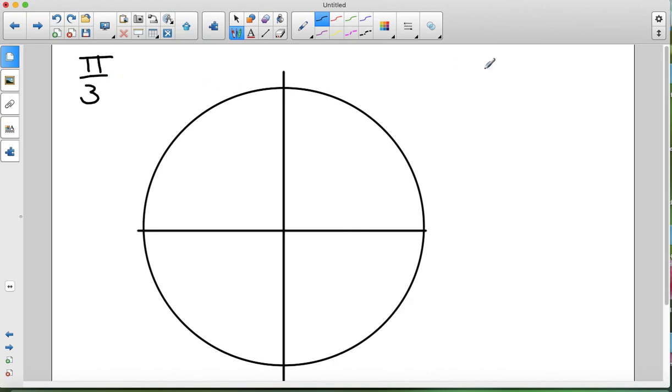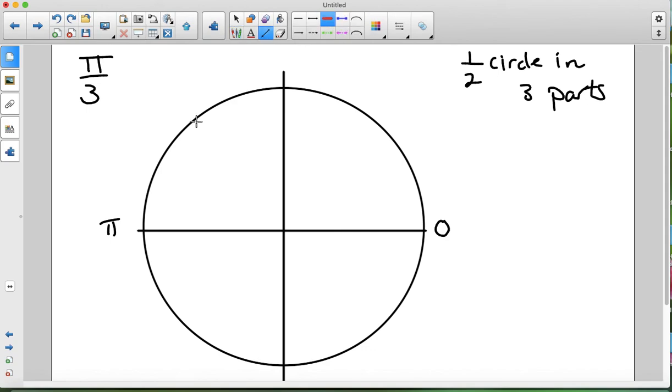Okay, so pi over 3 means you're going to divide your half circle, that's the top part, into 3 parts, just like your denominator. So when you look at it, you have your 0, you have your pi. Yes, we get that. But it's kind of like thinking of slices of pizza and you want 3 equal parts.